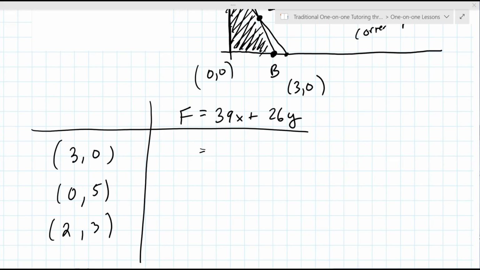So what I'm asking you to do is 39 times 3 plus 26 times 0 and give me that number. If you need to, you can use the Desmos calculator or a handheld calculator. I don't want you to do it by hand. That would take too long.